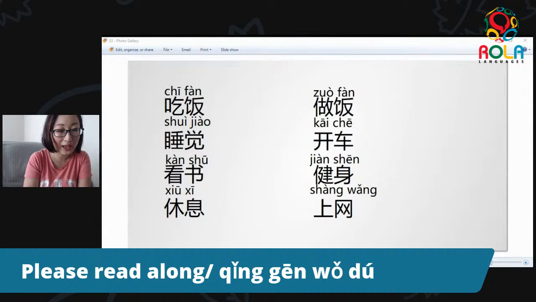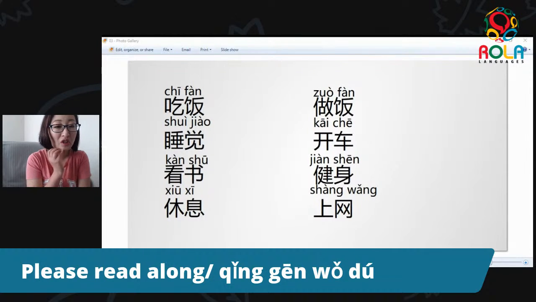Next up, we have 开车. If it sounds a little bit familiar, it's because we talked about this one before, but it's okay. We're going to explain each one of them after I'm done reading. Next up, 健身, is another one that might sound a teensy bit familiar. And last but not least, we have 上网.